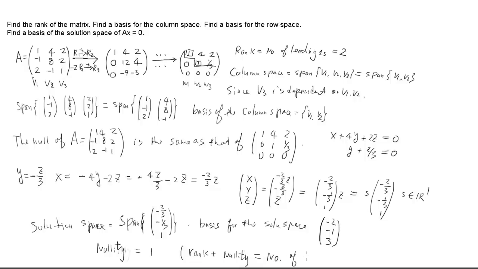The nullity is 1, and the number of columns is 3. 2 plus 1 is equal to 3.